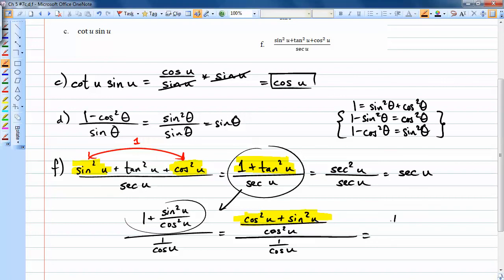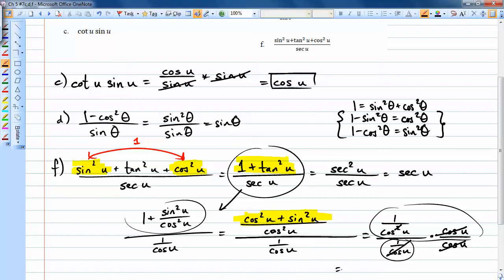So we can write this as 1 over cos squared u over 1 over cos u. If I multiply everything by cos u over cos u to get rid of this part in the denominator here, then these guys will cancel, and up on top, one of these will cancel with one of those, and I'm left with 1 over cos u, which is the same thing as secant u.